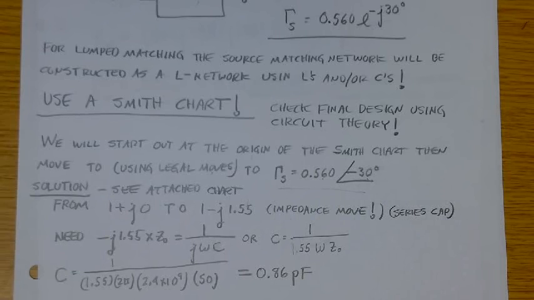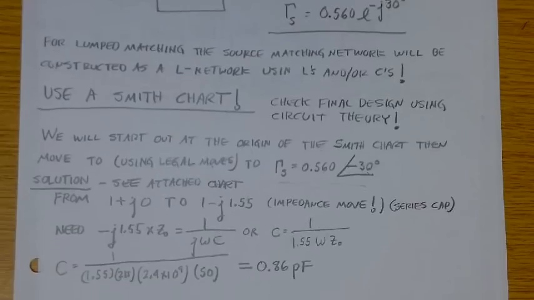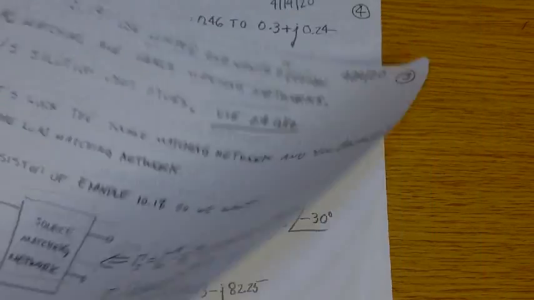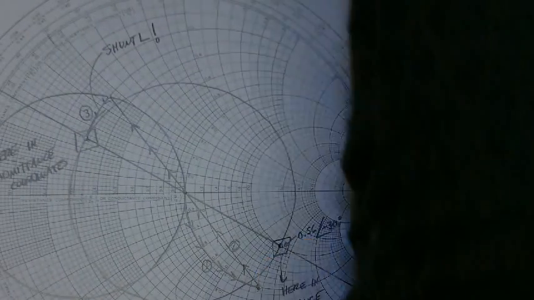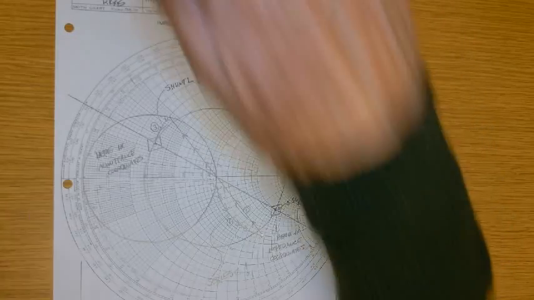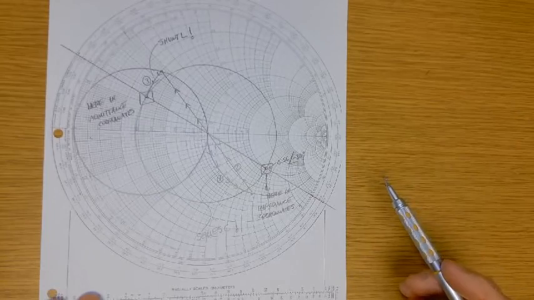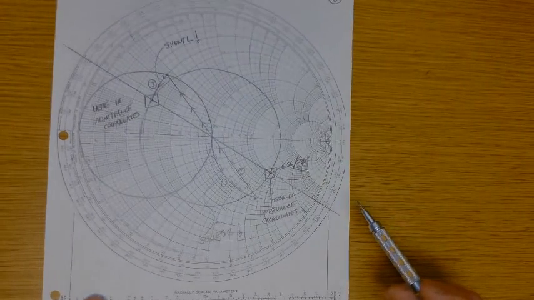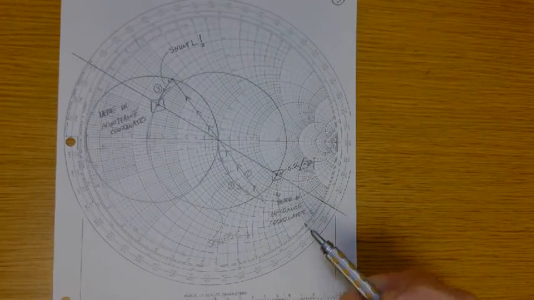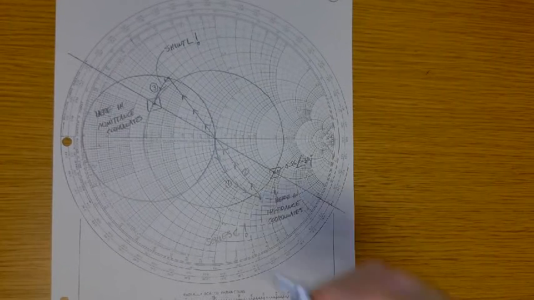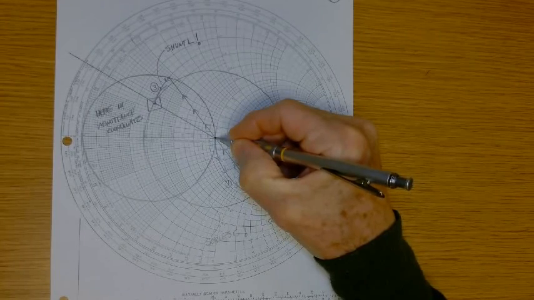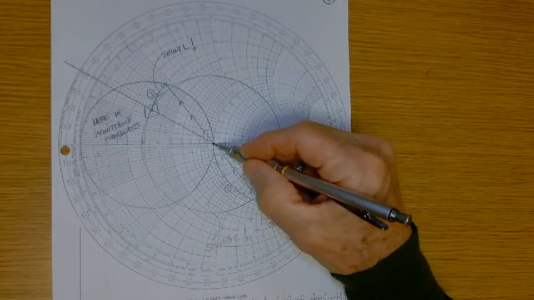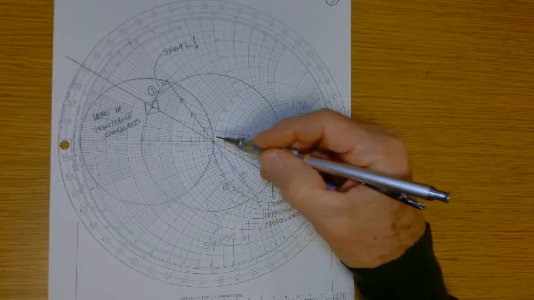So let's take our Smith chart out now and take a look at that. We'll come back to the sheet. So here we go. Let's zoom out. Maybe that'll help a little bit. So here's our Smith chart. What do we have here? Well, here is the origin. That's 1 plus J0.